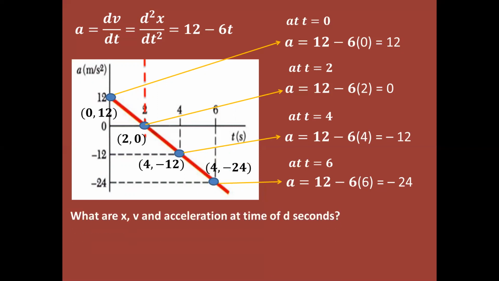What are x, displacement or distance, and v or velocity, and acceleration at time 4 seconds? I think this should be 4 seconds, since the variable v was a typo, let's correct it. So this must be 4.